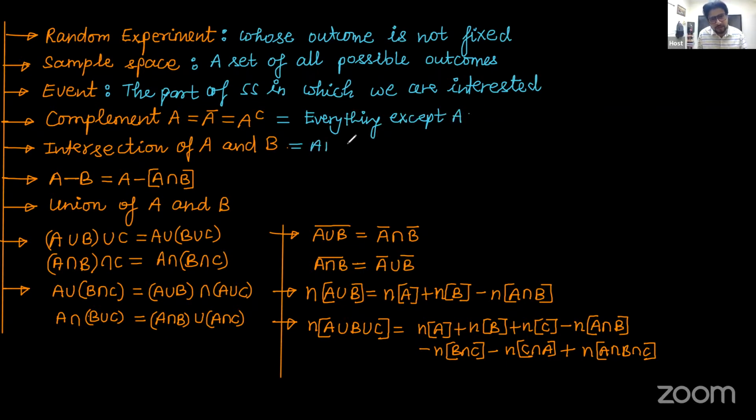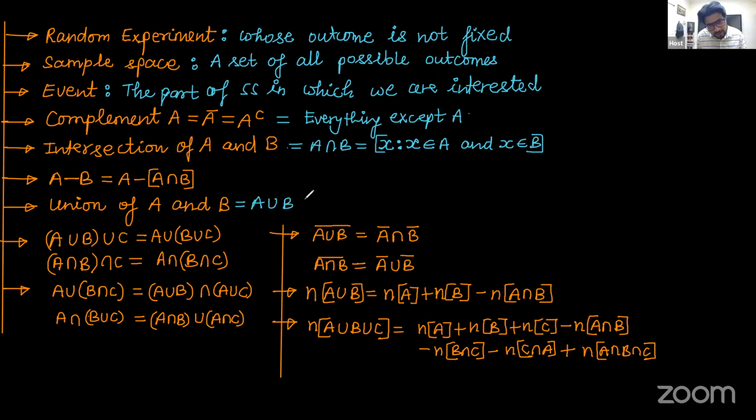Intersection is what? Intersection means only that element I'm going to consider which belongs to A and also belongs to B. So 'and' is a very, very important condition here.